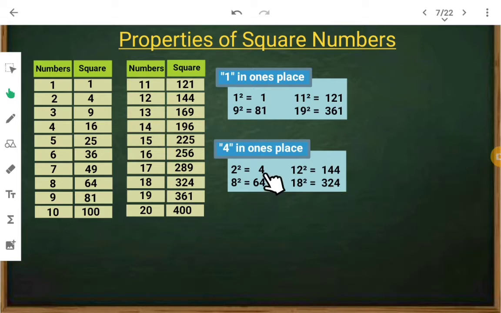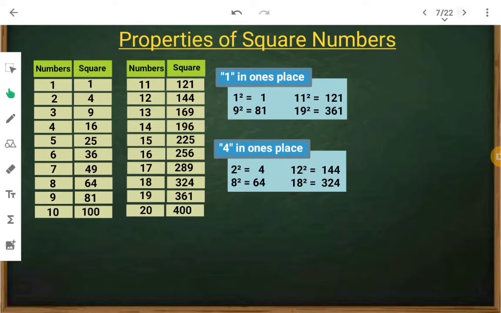You may see the ones place of 2 square, 12 square, 8 square, 18 square. What is it? 4. So if you have 4 in the ones place, you can try with the numbers 2, 12, 22, 32 or 8, 18, 28, like that.